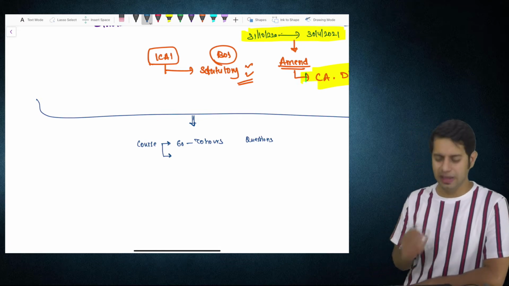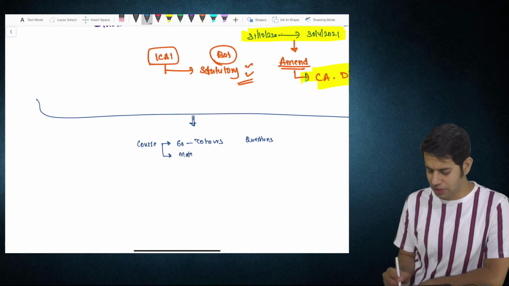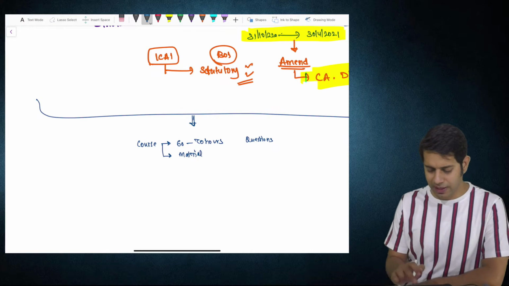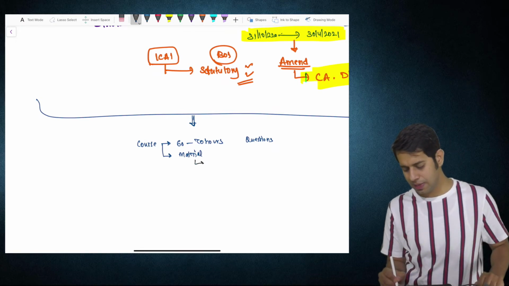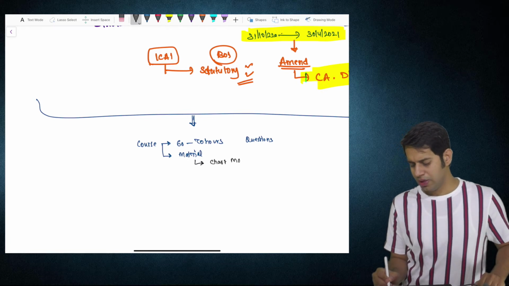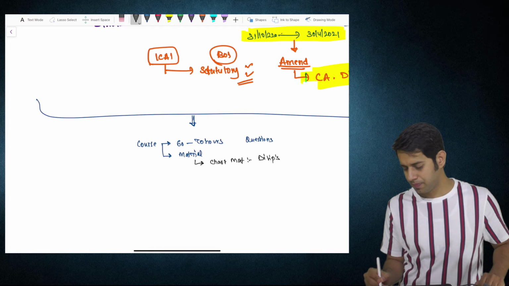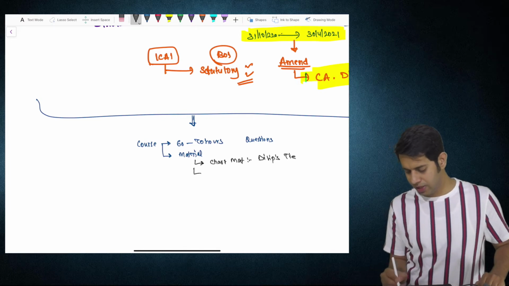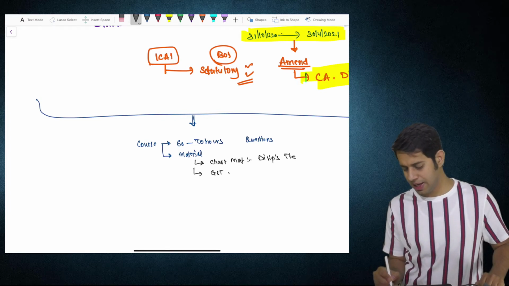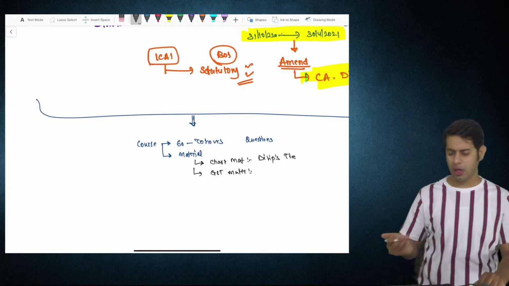Then the material. What are the different materials which I am going to get? You will get two materials from my side. One is the chart material, which is called Dilip style, and one is my entire GST material, which is called Dilip's material on GST.